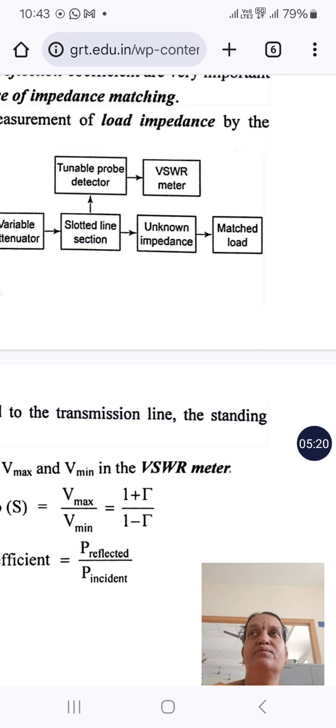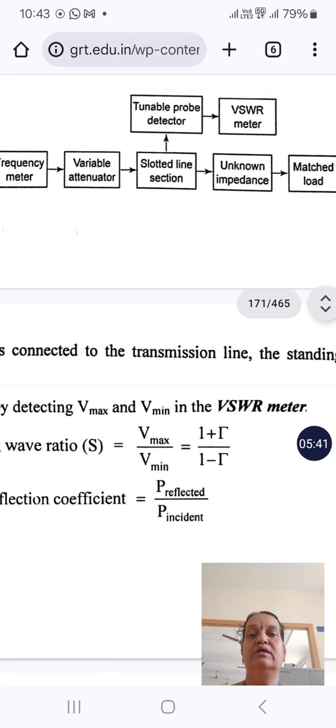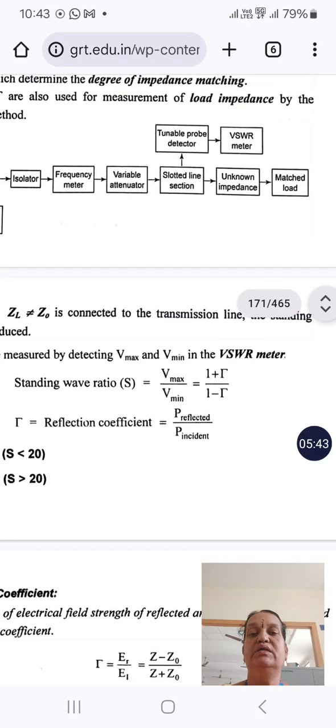The slotted line shows where the standing wave occurs and its maximum and minimum values. Based on those values, we can measure the impedance values, and to provide impedance matching, we can find the matched load. So this is the diagram of VSWR measurement.